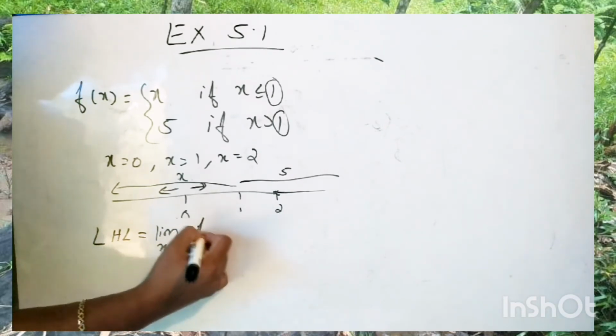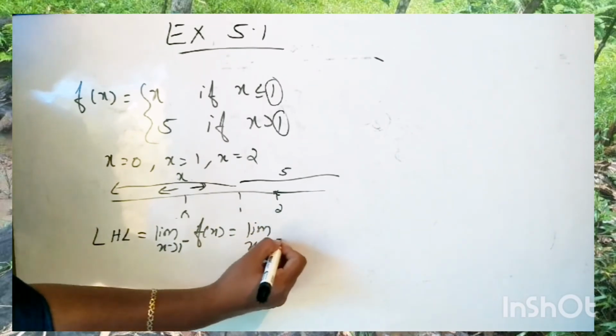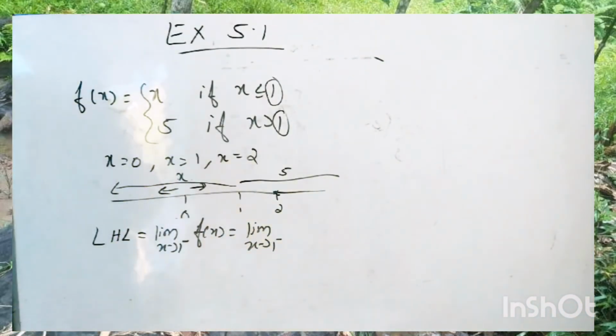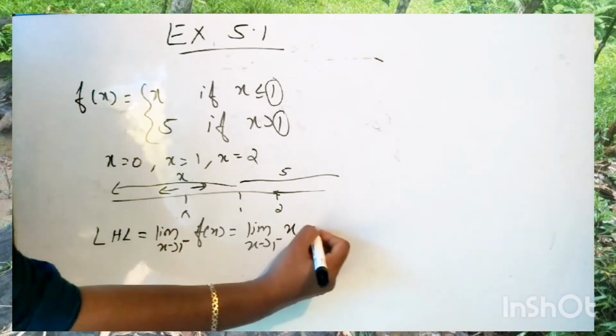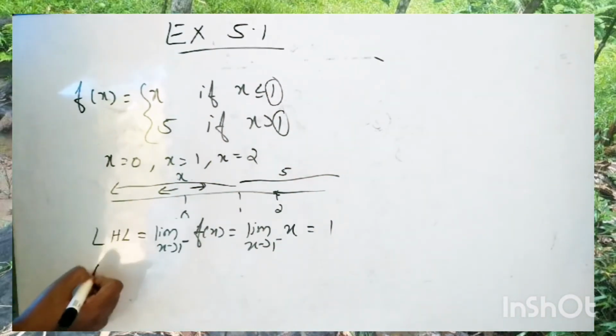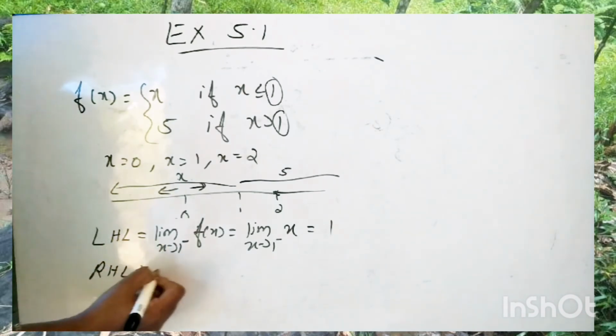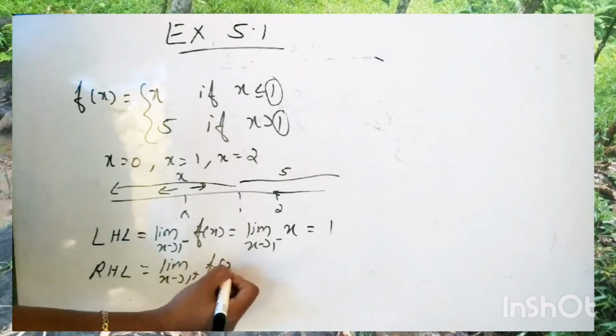Limit x tends to 1 minus f of x is the left hand limit. To the left of 1, what is your function? To the left of 1, the function is x. So just put x is equal to 1, we will get 1. Now right hand limit is equal to limit x tends to 1 plus f of x.